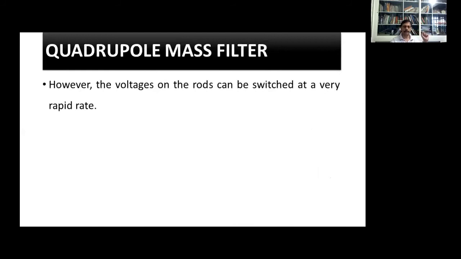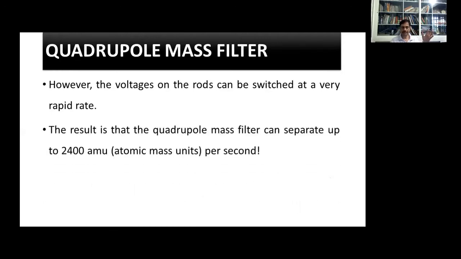However, the voltages on the rods can be switched at a very rapid rate. The result is that the quadrupole mass filter can separate up to 2,400 atomic mass units per second. So you can imagine, within a second, it can separate 2400 ions and allow them to pass one by one.